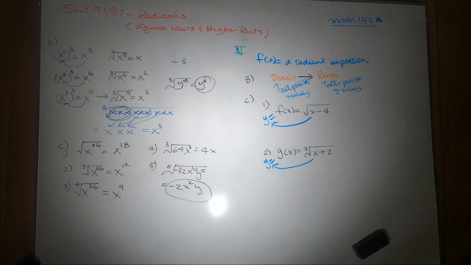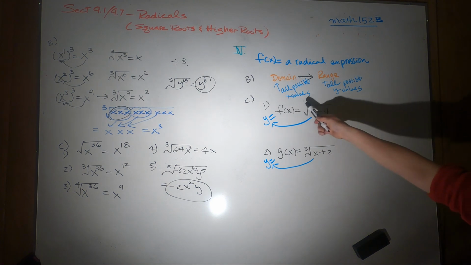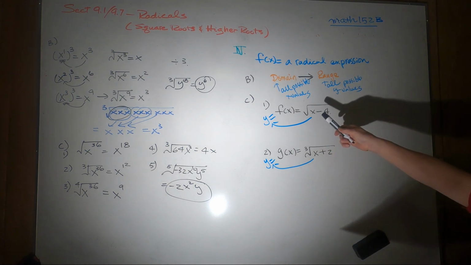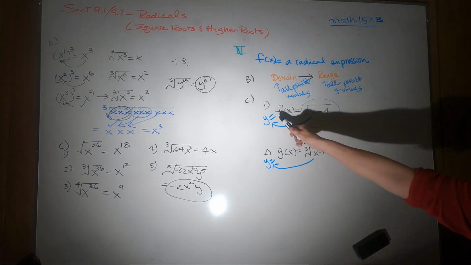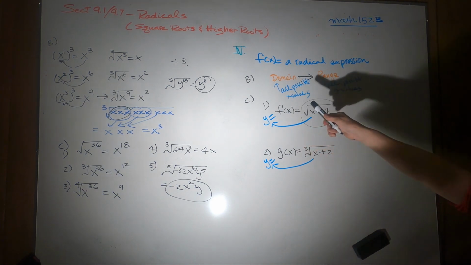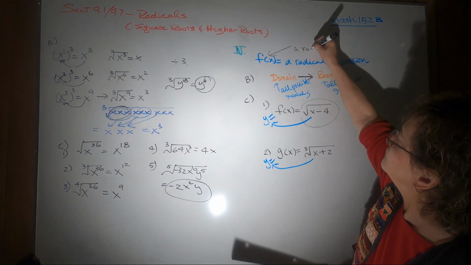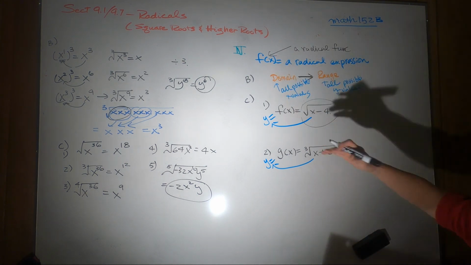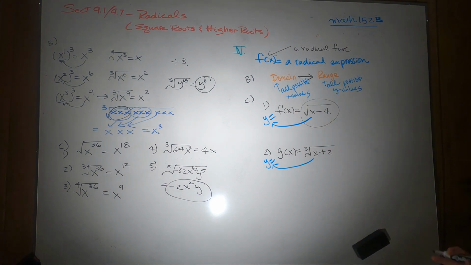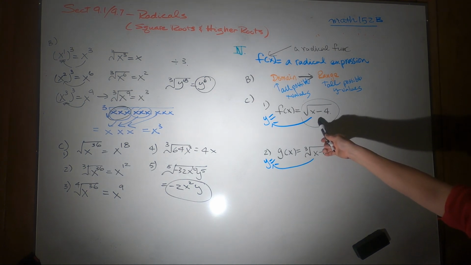So we want you to identify, when I use the radical expression or radical function, this one is a radical expression, but we write f in front of it. We call this one a radical function. They are the same, but we just use different symbols. Radical expressions only have x in it.